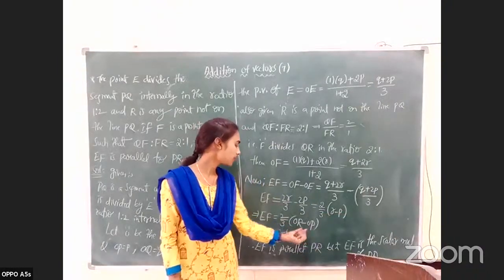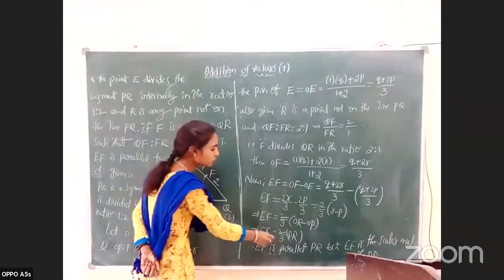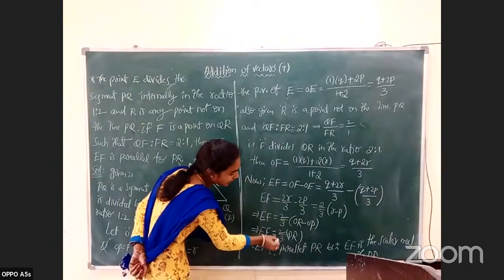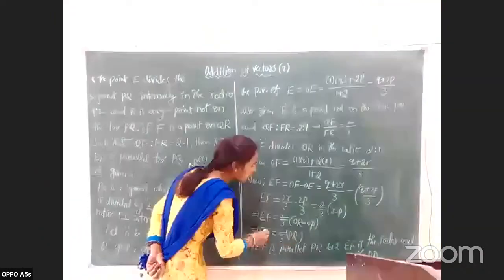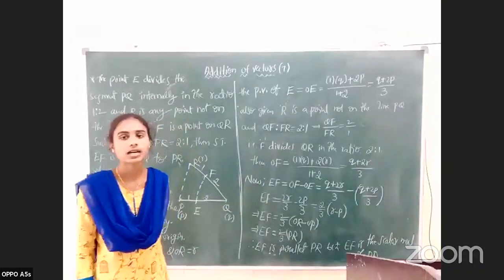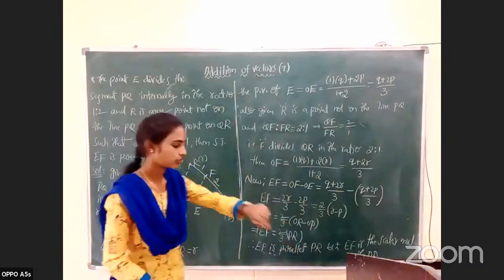OR minus OP is nothing but PR. So EF is equal to 2 by 3 PR, meaning the EF vector is a scalar multiple of the PR vector. That means those two are collinear, or those two are parallel vectors. That's it.